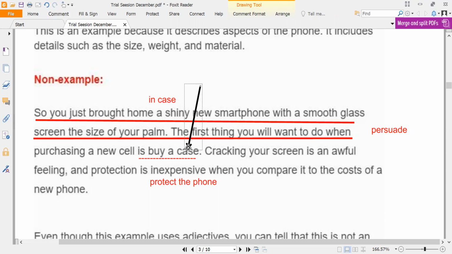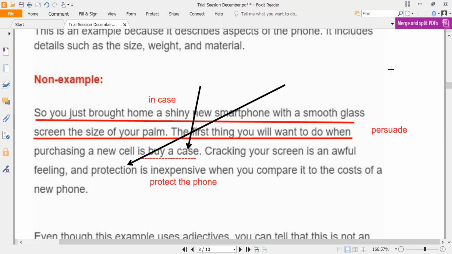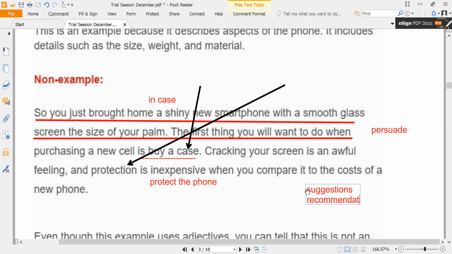One, the case. Two, the protection. So here he used some suggestions and recommendations. It means it's persuasive.